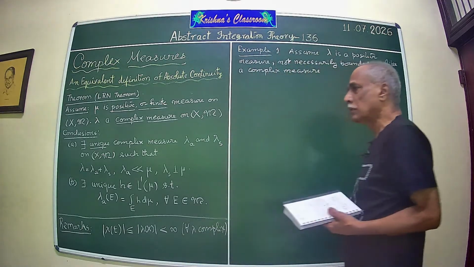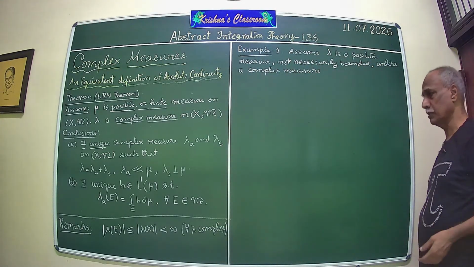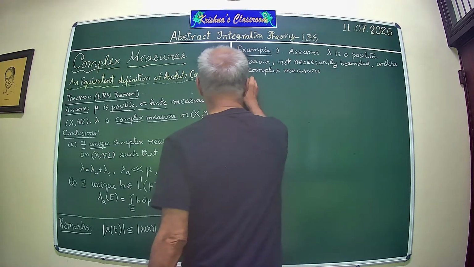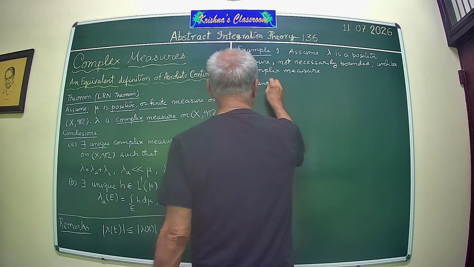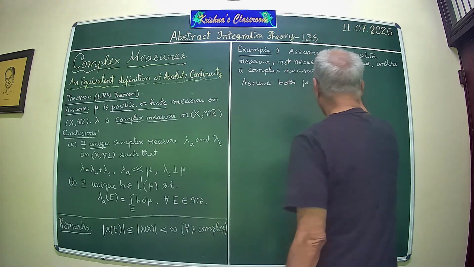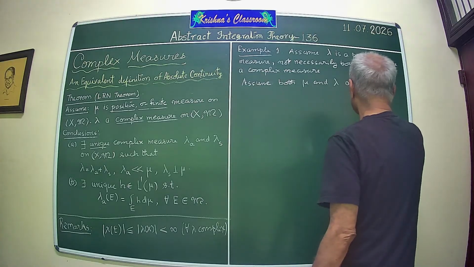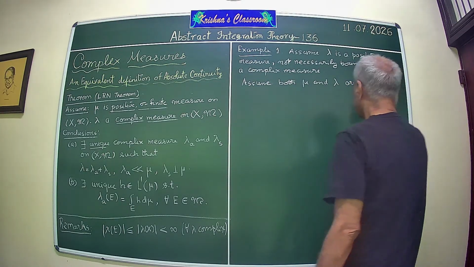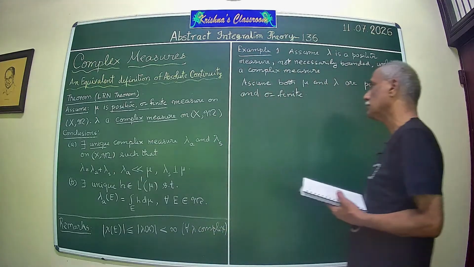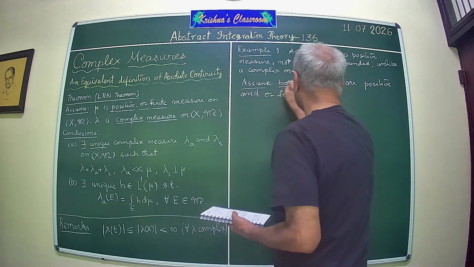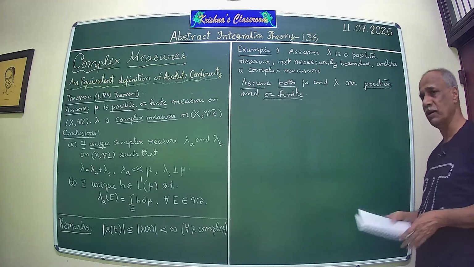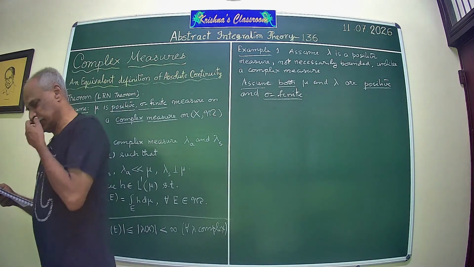As I have pointed out, Lebesgue measure on the interval 0 to infinity is an example. But let us assume both mu and lambda are positive and sigma finite. So this is the assumption that we make. Then suppose we modify it in this way, what would happen? So this is the question that you are asking.